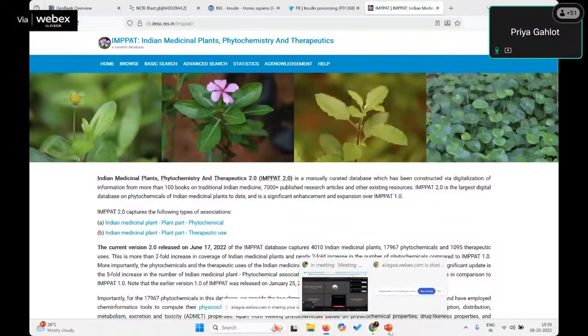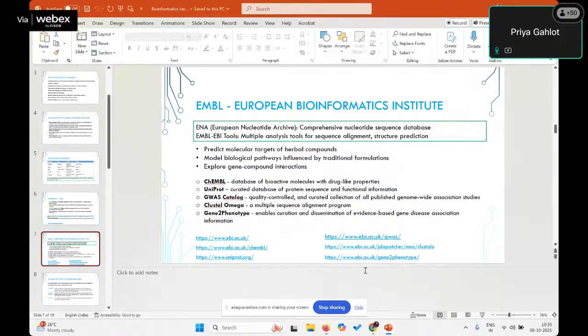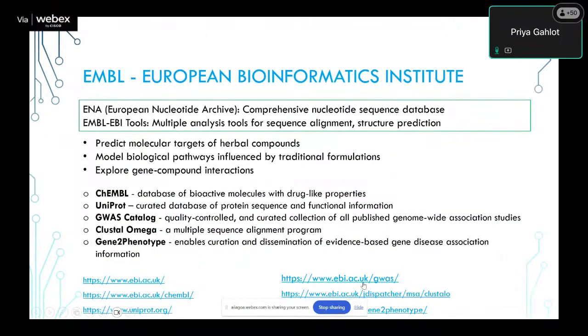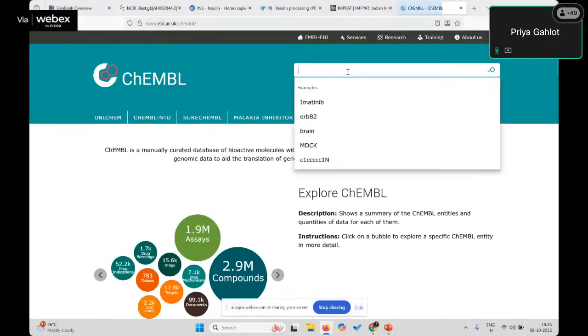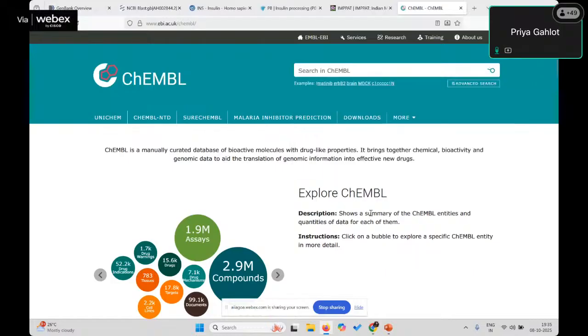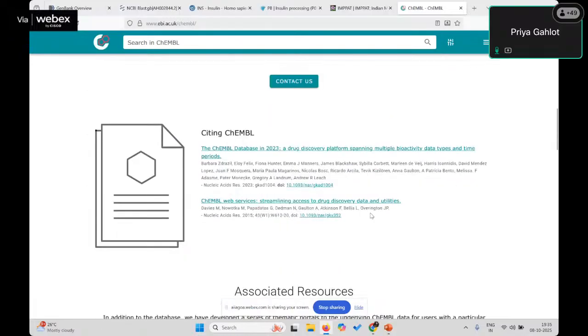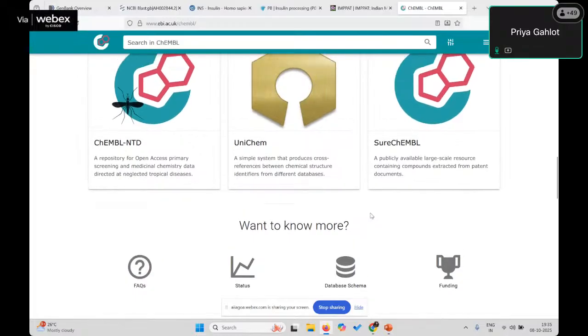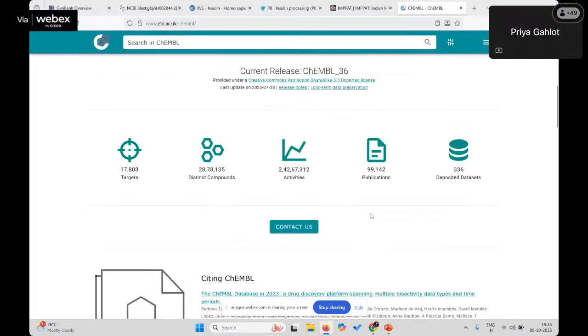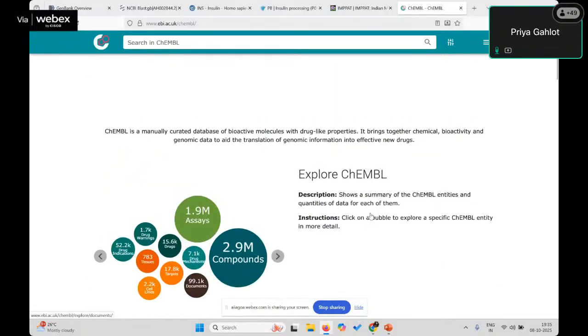But when you want to study in detail the chemical studies for this, you can search any compound here. It is a huge data set. You can put in any chemical name you can think of.